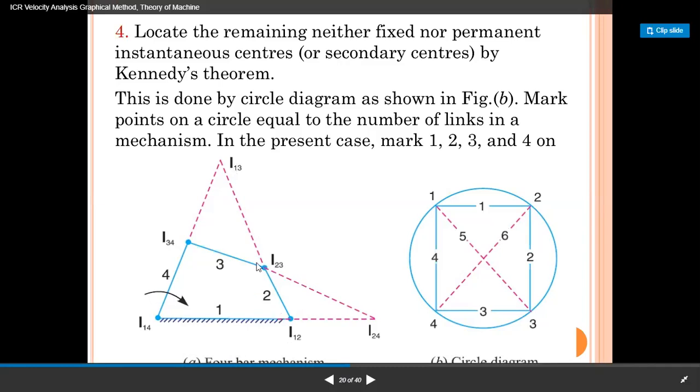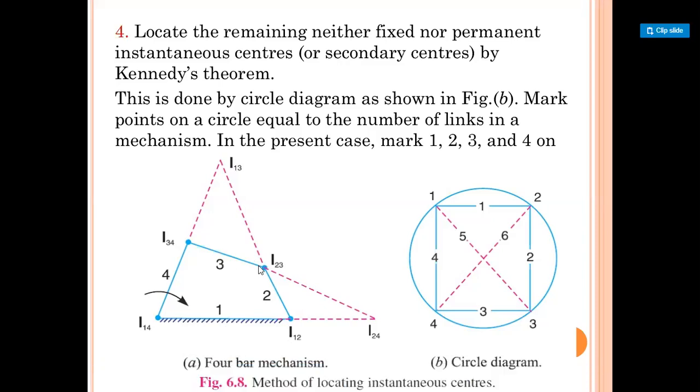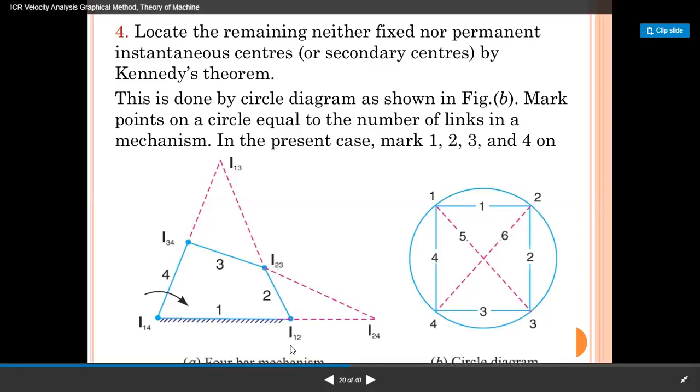How? Because it is the common point of the first link and third link. Or you can directly take this common point of I12 and I23. In these two instantaneous centers, the common point is 2.